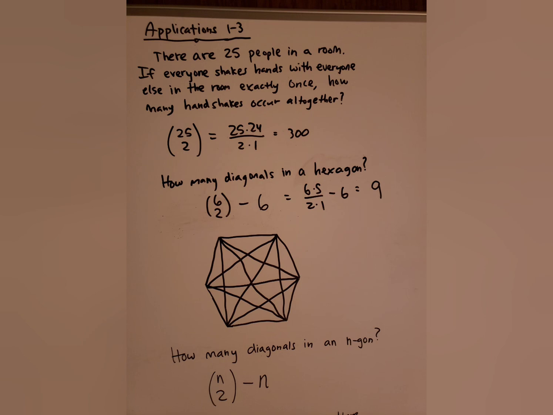If we consider all of the possible ways that we can pair up two different vertices, we're going to get a sum that equals all of the diagonals plus all 6 of the sides. So if we calculate 6 choose 2, we're going to return a number, namely 15, that's going to include all the diagonals plus all the sides. So a trick to find the diagonals in an n-gon, just an arbitrary polygon that's convex, we just need to compute n choose 2 minus n.